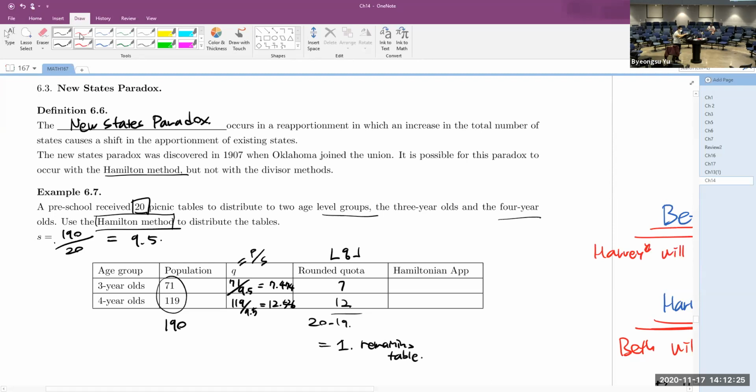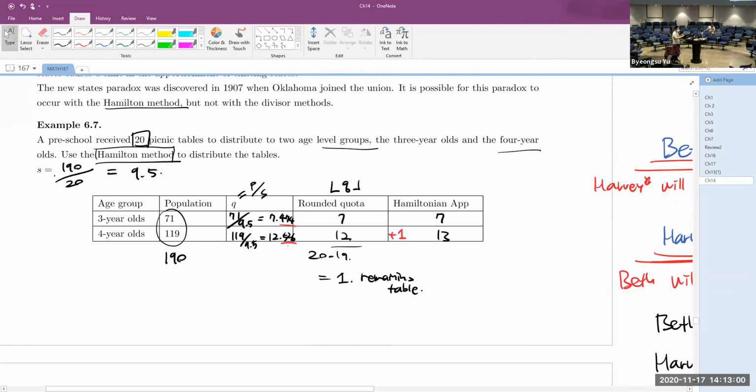Comparing the decimal parts of the quota, the 4-year-old has the larger decimal part, which is 0.526, greater than 0.47 from the 3-year-old. So we need to add that table to the 4-year-old. Finally, the 4-year-old has 13 tables, and the 3-year-old group has 7 tables, right? That's how the Hamilton method distributes those tables.